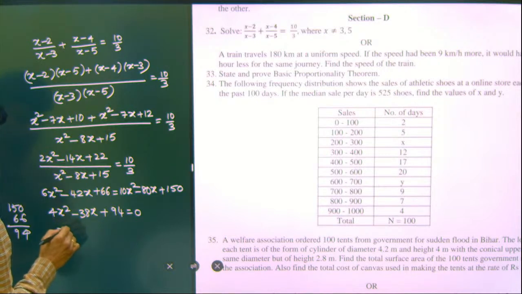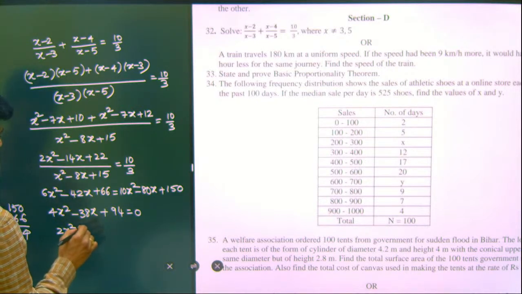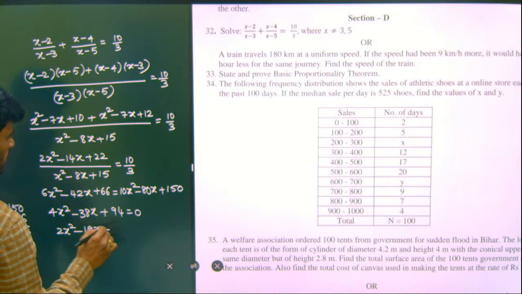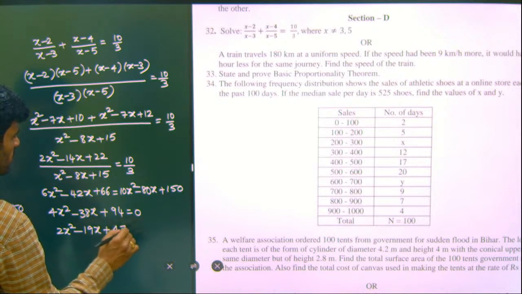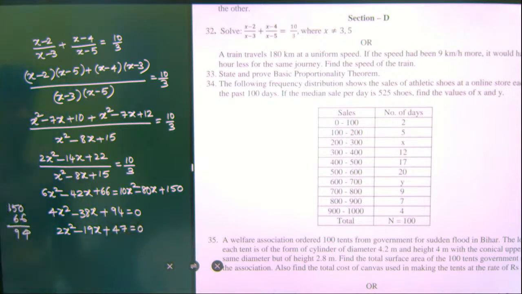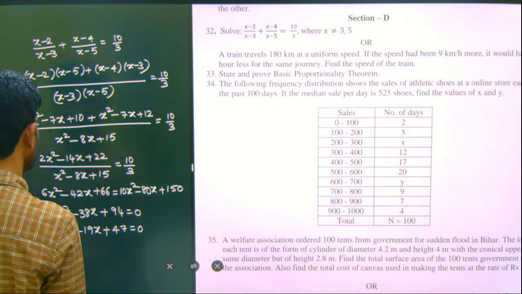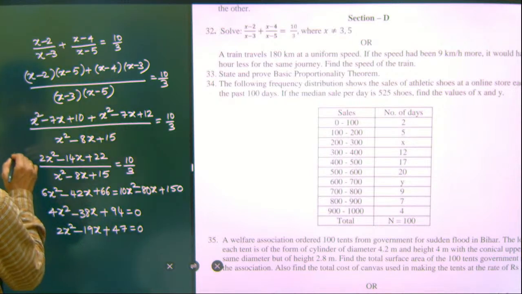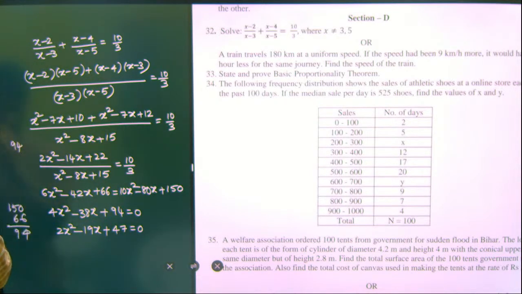So 2x square minus 19x plus 47 is equal to 0. Now we have to take the factors of 94 such that we get 19.